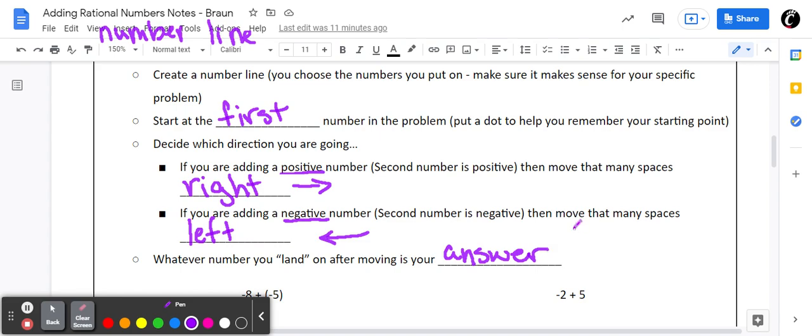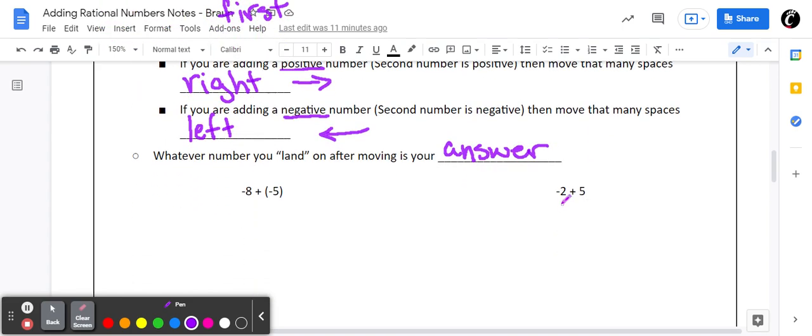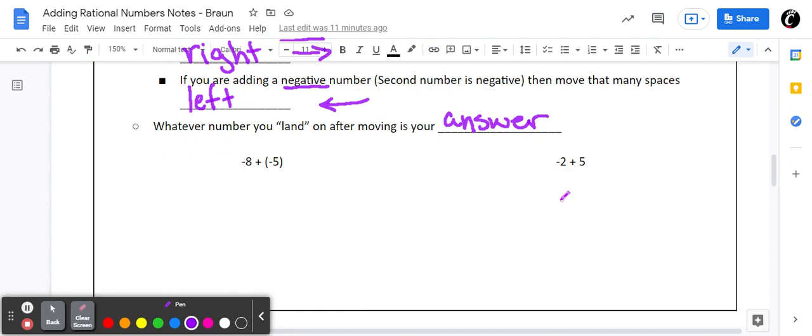Okay, so we're going to do a couple examples so that we can see how this works. All right, so we have -8 plus -5. My second number is negative, so this means I'm going to move to the left, and I'm just going to draw my number line. I need to make sure I include my -8.